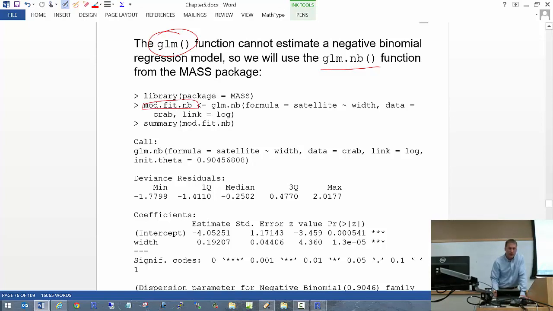So, I'm going to put the results from fitting my model into mod.fit.nb, use the function glm.nb, formula equals satellite tilde width, and I say link equal log. So notice the syntax is a little bit smaller here because we have smaller choices amongst the possible models that we can estimate with this function versus glm.